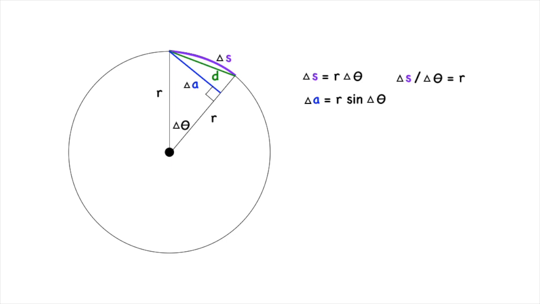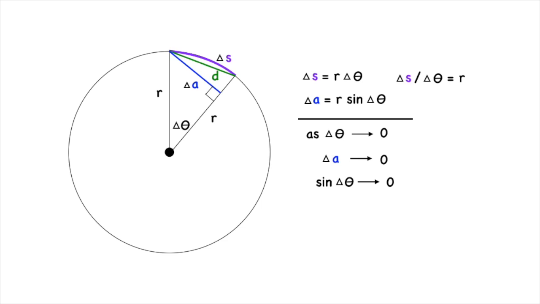Now let's ask what happens to sine delta theta as delta A and delta theta approach 0. It's clear that as delta theta approaches 0, delta A approaches 0. And if delta A goes to 0, then the sine of delta theta must go to 0.